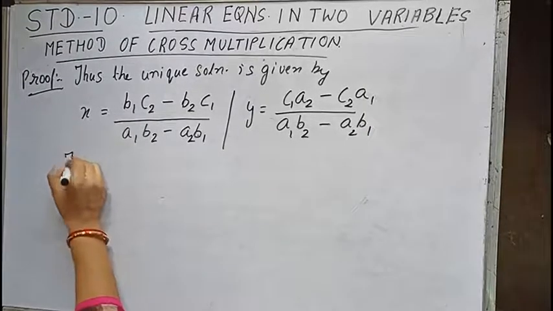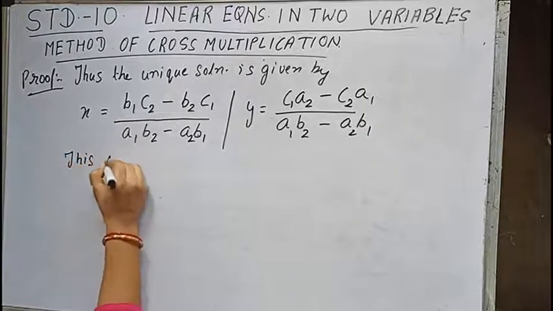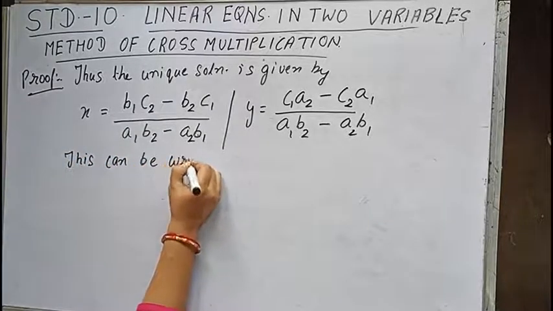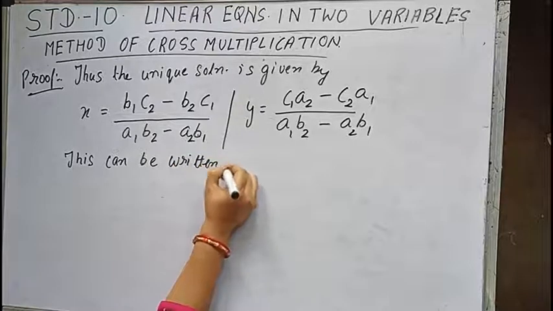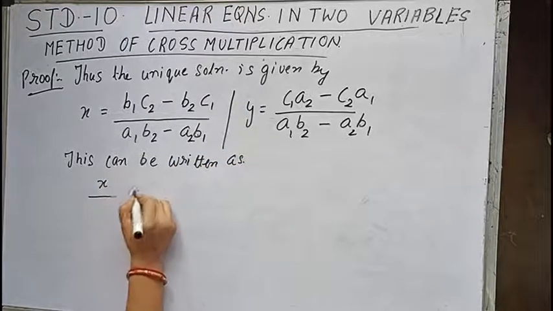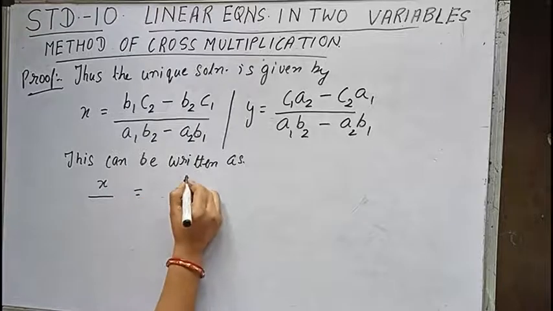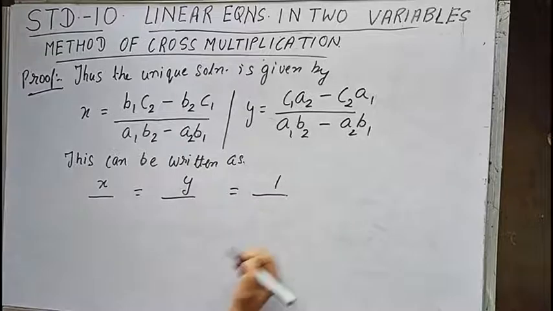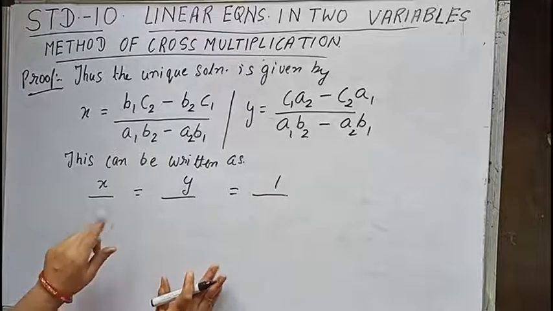Now this can be written as x divided by something equals y divided by something equals 1 divided by something. Now that something, let us write now.